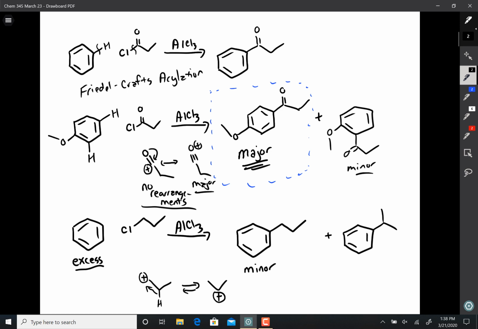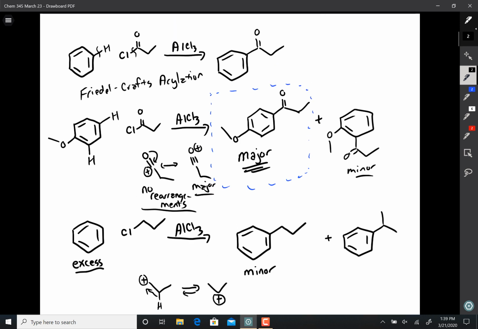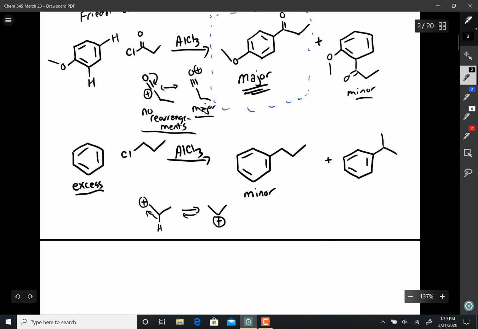No rearrangements take place. In Friedel-Crafts alkylation, rearrangements can take place. So that's another advantage to Friedel-Crafts acylation. You don't have to worry about rearrangements, and you also don't have to worry about multiple additions.